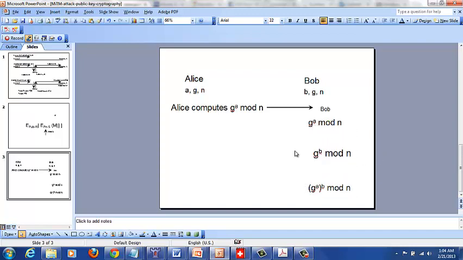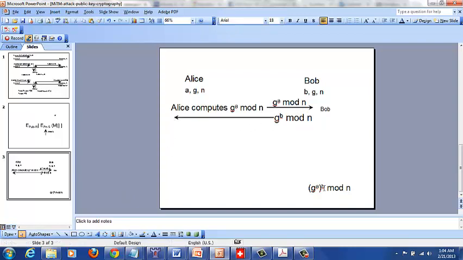So as Alice is sending her information, let me put it over on the channel. Alice is sending her information, Bob is sending his information, g raised to b mod n. So Bob sends this to Alice.